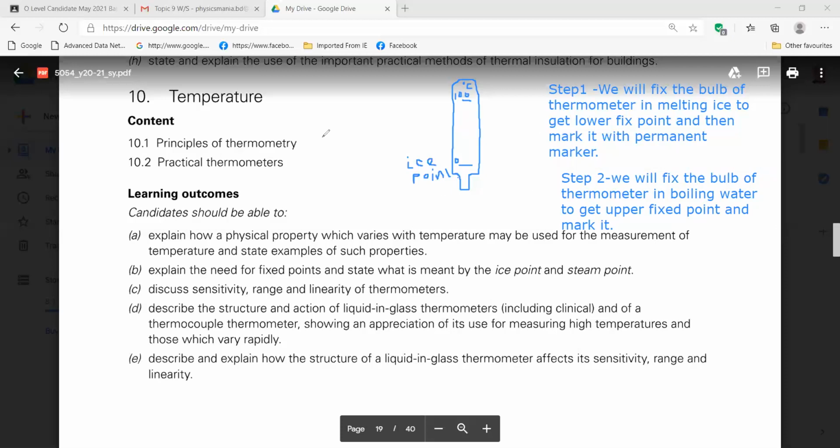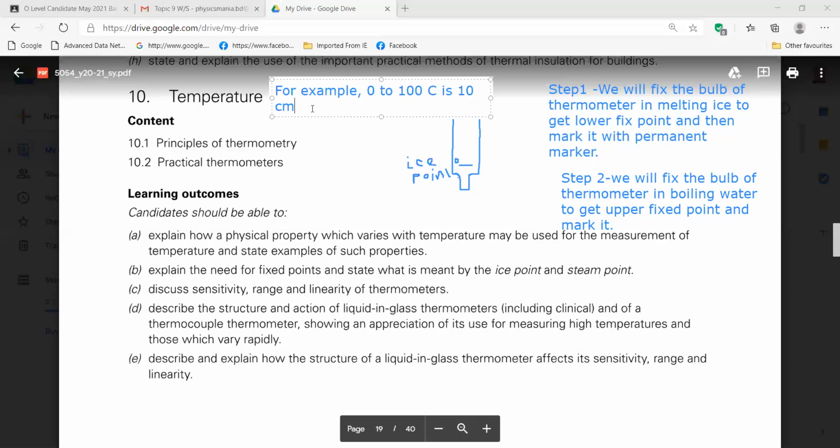Now, third step, I'm writing here. For example, 0 to 100 degrees Celsius is 10 centimeters on your ruler.